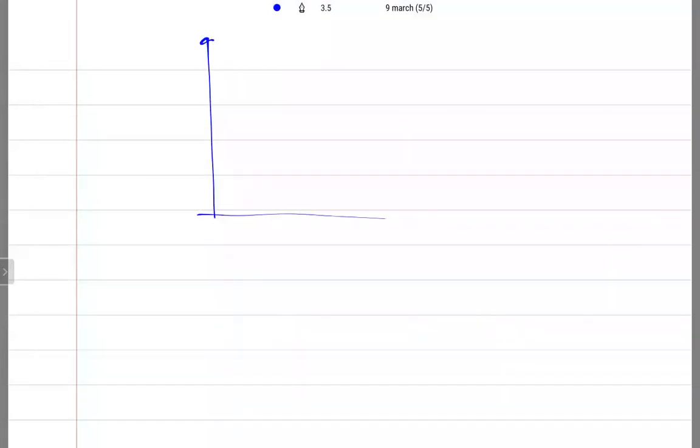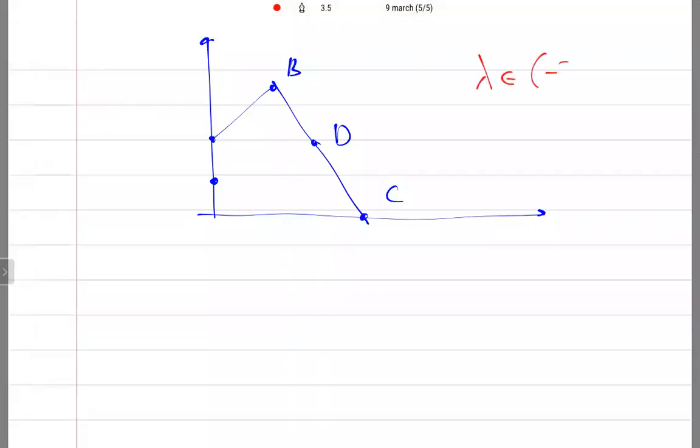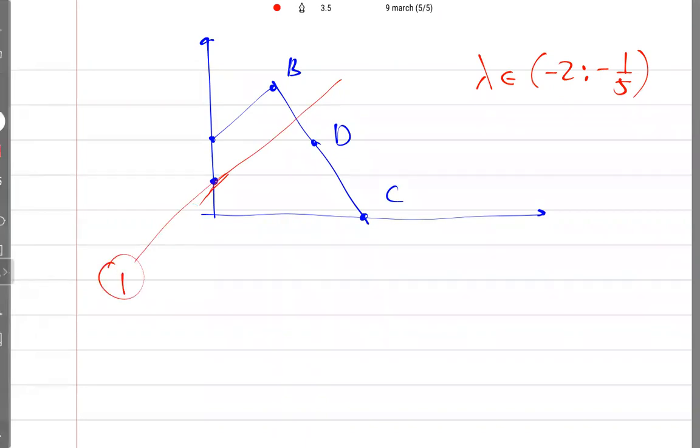I will draw my subcase faster. This is B, this is D, this is C. If lambda changes from minus 2 up to minus 1/5, it was minus 1/5, yeah? Yes. So the line goes like that. My first line, line 1, goes like that.